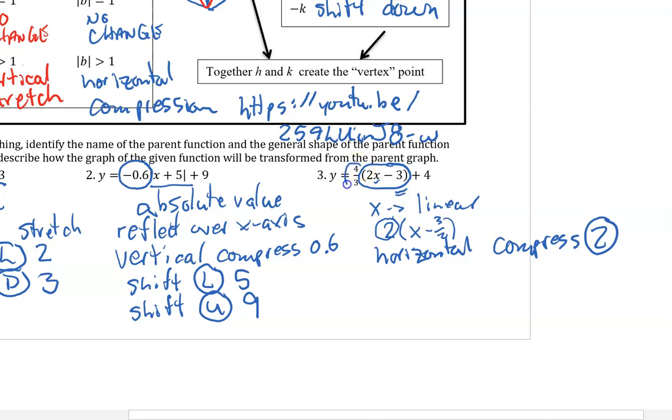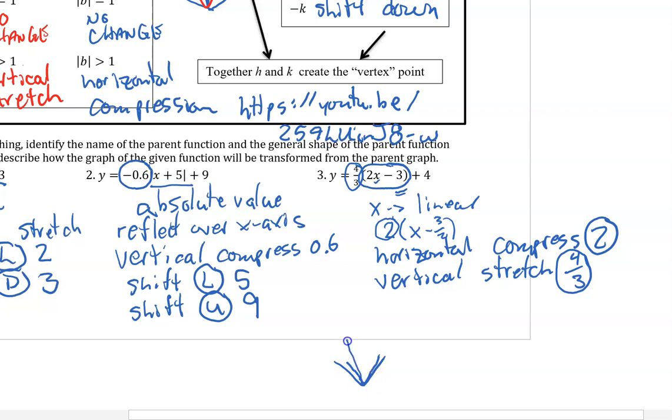But also I'll take a look out here at a, and a is also greater than 1. So that means it is vertically stretched by 4/3. So it's both horizontally compressed, got a little bit skinnier, and it got vertically stretched.